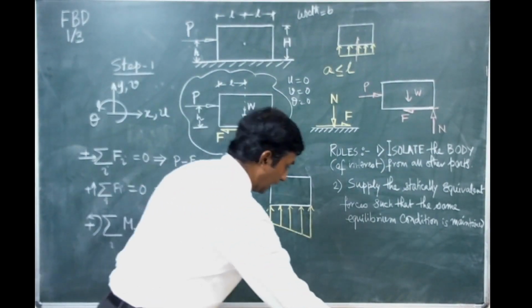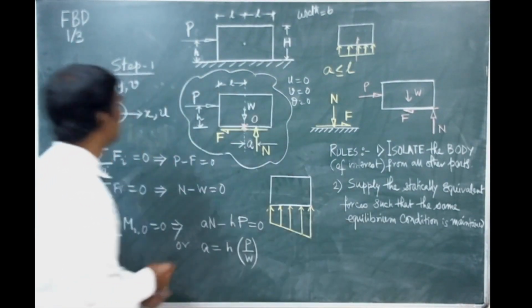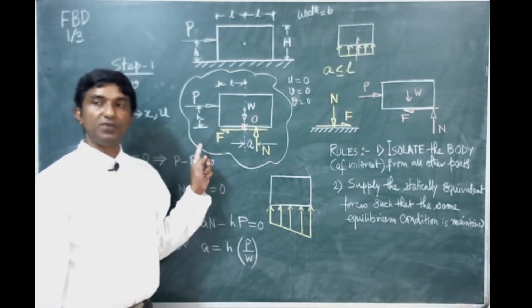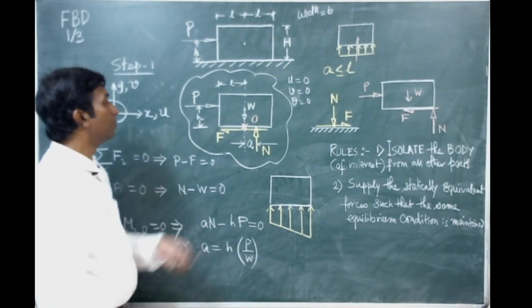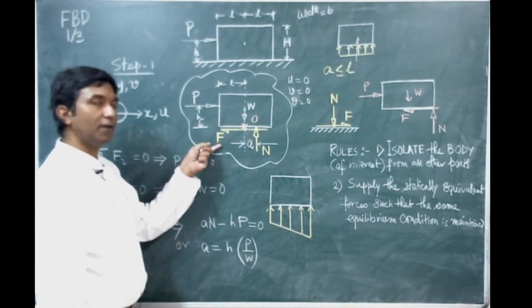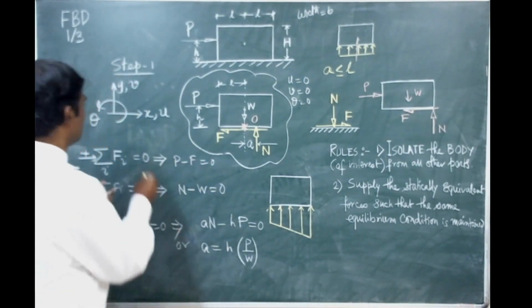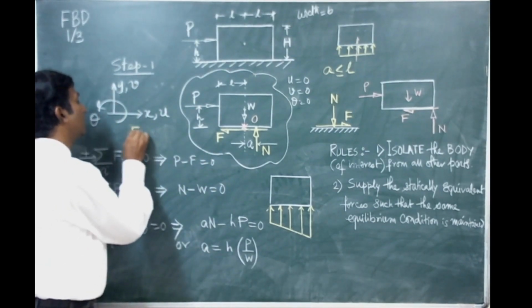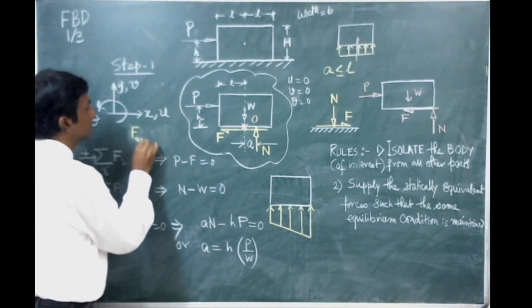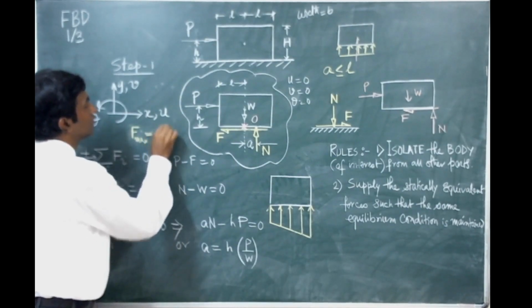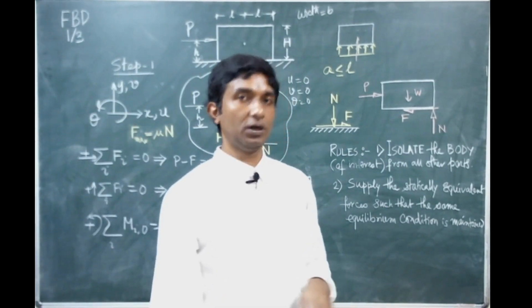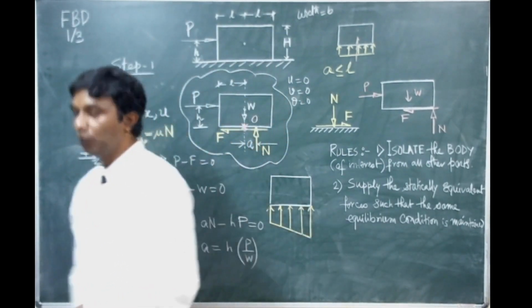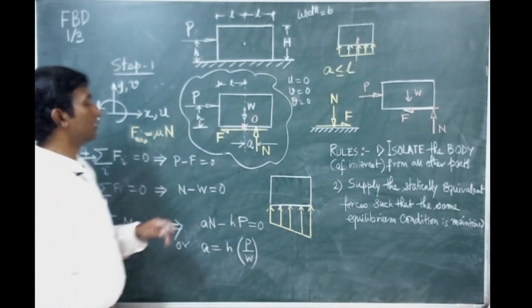Okay, it seems that I have missed a small point. This F is the friction force that takes the value of P, we have seen. But according to Coulomb's law, F has a certain limit. So that limit, F max, we can say is proportional to the normal reaction, and mu plays the role of proportionality constant.